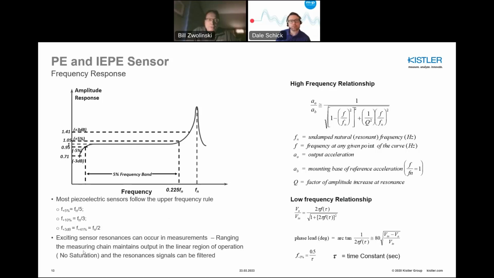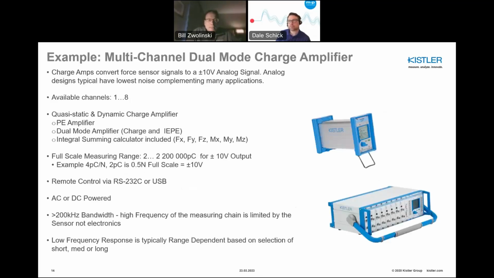If you know the natural frequency of your vibe fixture, you can estimate the 5% amplitude response would be Fn over 5, 10% is Fn over 3, and the 3 dB would be Fn over 2. On that basis, these external charge amps that I talked about are very vital to being a flexible means of adapting to various vibration fixtures and various payloads. So you have almost a one size fits all type of approach.